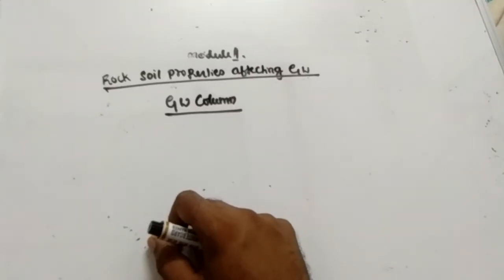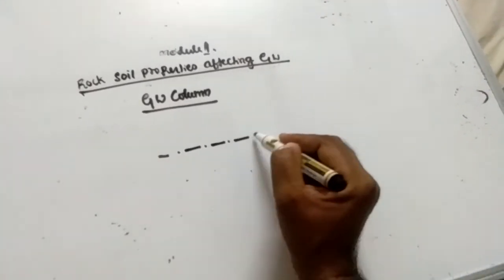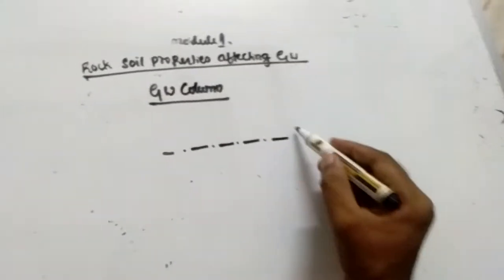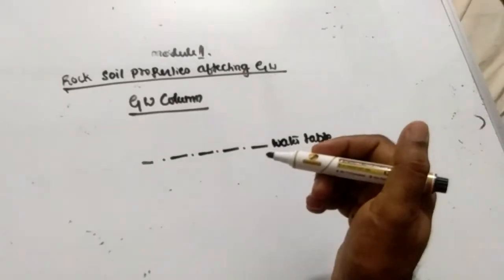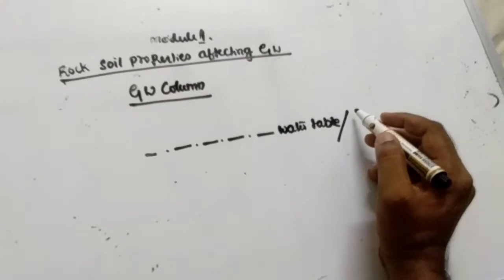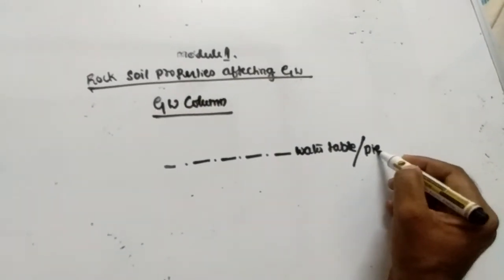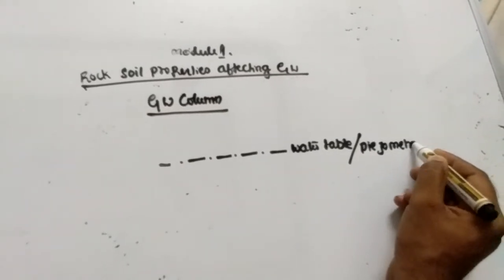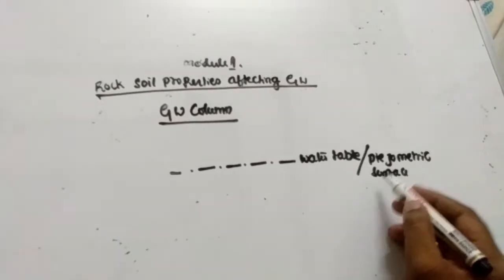That interface is known as the water table, and it is also known as the piezometric surface or phreatic surface.